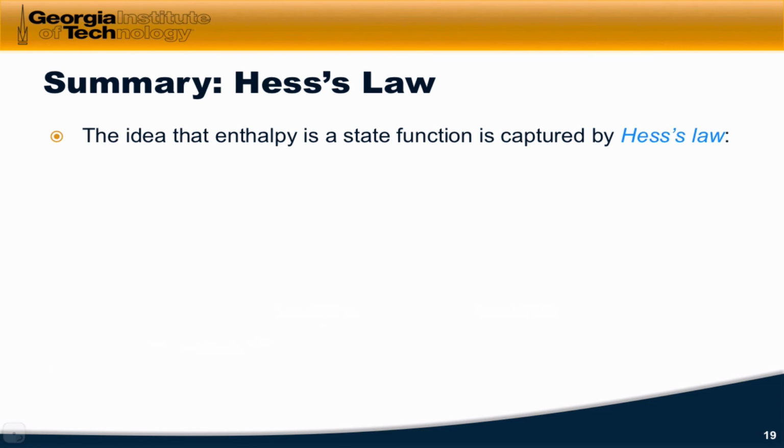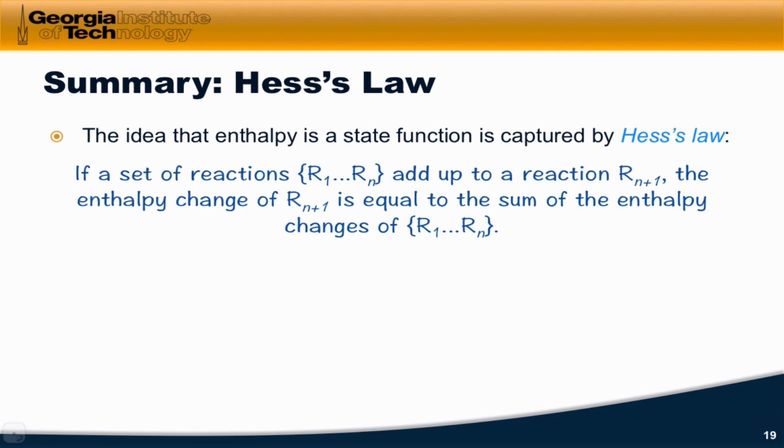So in summary, Hess's law really captures the idea that enthalpy is a state function. Hess's law says that if a set of reactions, let's call them R1 to Rn, a set of processes that convert some reactants to some products, add up to a different reaction, Rn plus 1, then the enthalpy change of that R sub n plus 1 reaction is equal to the sum of the enthalpy changes of all the R1 to Rn.